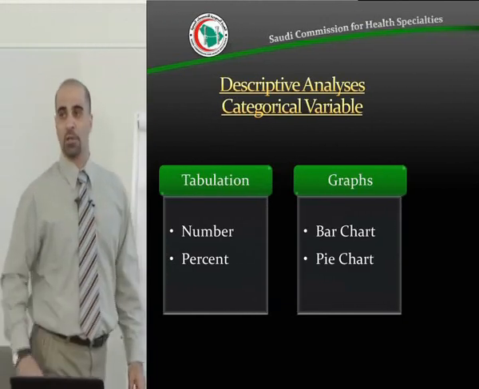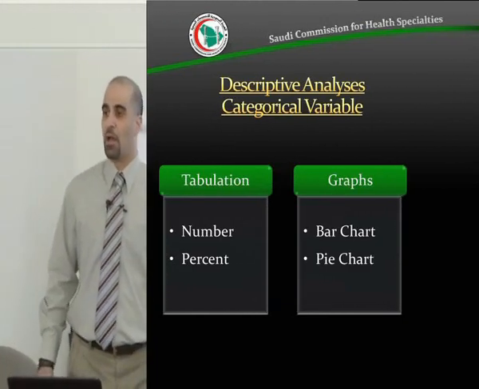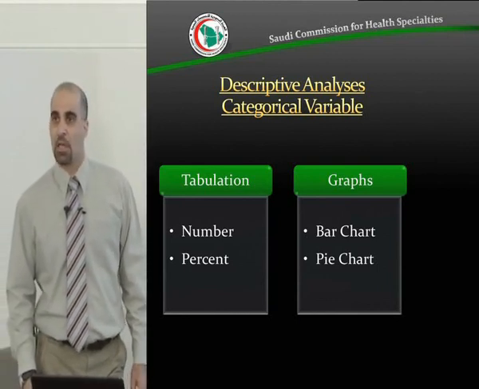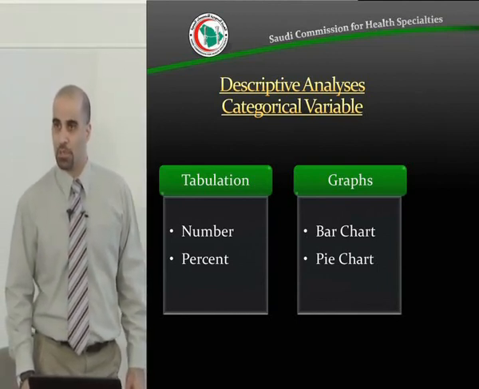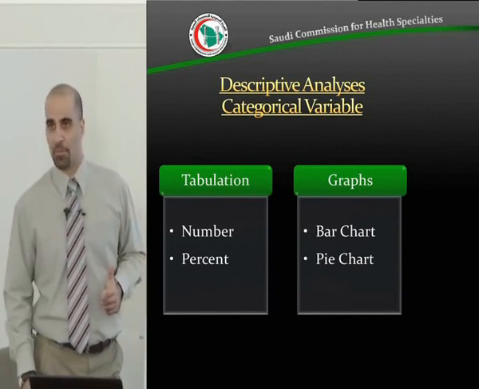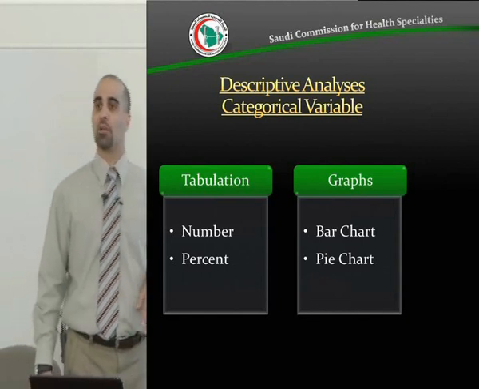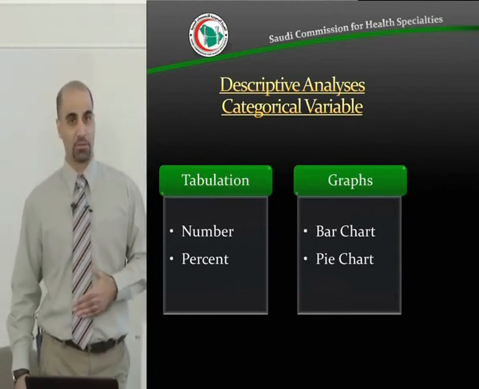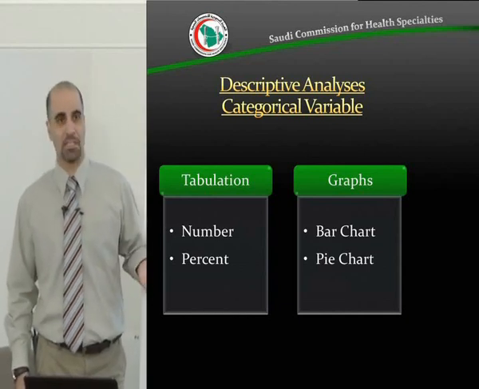In terms of tabulation, usually the way to summarize or describe a categorical variable is by giving a number and a percent. If you give only the number, it's not good enough, because you might say I have 100 males, but in fact 100 males out of 100 is 100%, means everybody is male.